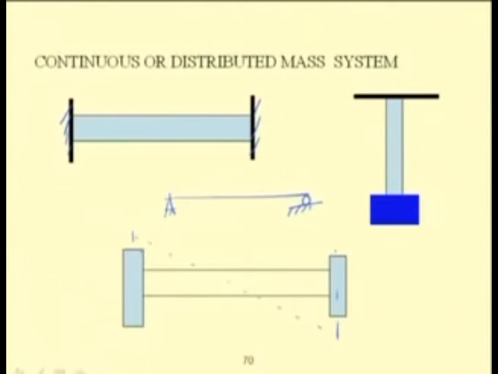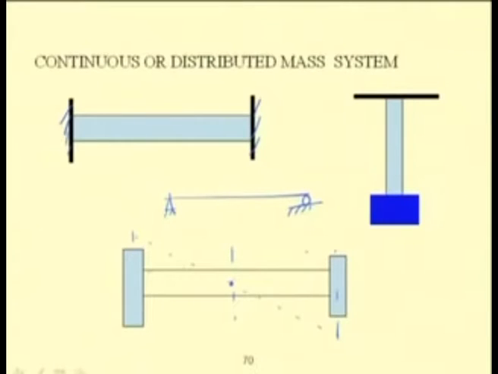In this mode one can find a node at this point. As a node is observed at this point, one can assume that the shaft is fixed at this point and has a torsional vibration about this point.